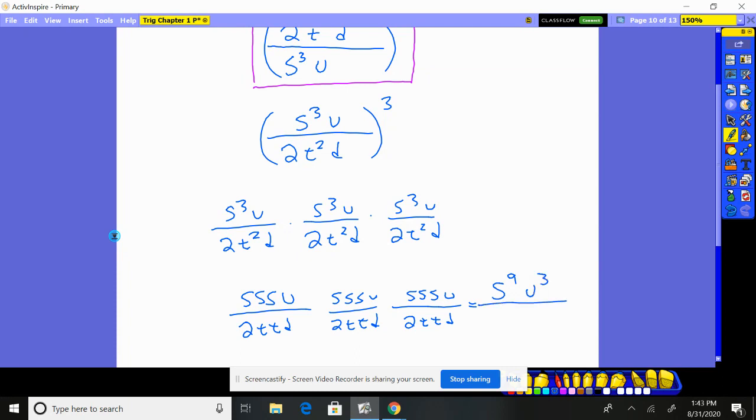Down below, 2 times 2 is 4, times 2 is 8. Commonly, I'll see kids put a 6 and miss the question. Don't make that mistake. It's not adding. It's 2 times 2 times 2. T times T times T times T times T times T, T to the 6. D, D, D, D to the 3rd. And that's our final answer for that one.